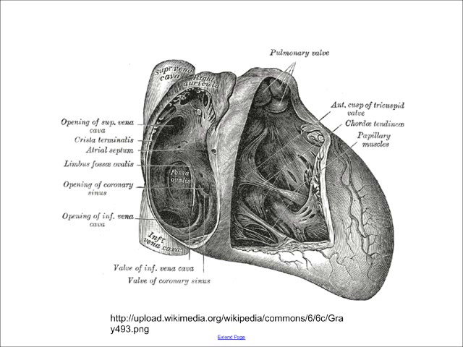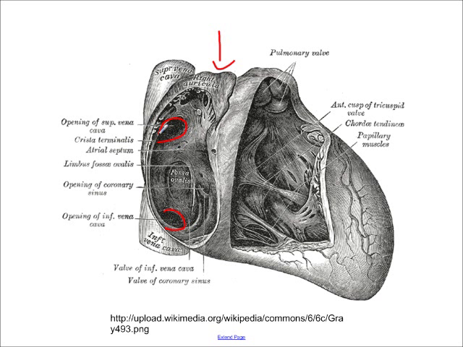All right, so let's take a look at the internal aspect of the heart. Basically, we have the right atrium and the left atrium. Here would be the right auricle. You can see the labels on here. So what we're going to see first, the sinus venarum, you can see these openings right here of the vena cava, the superior and inferior vena cava.